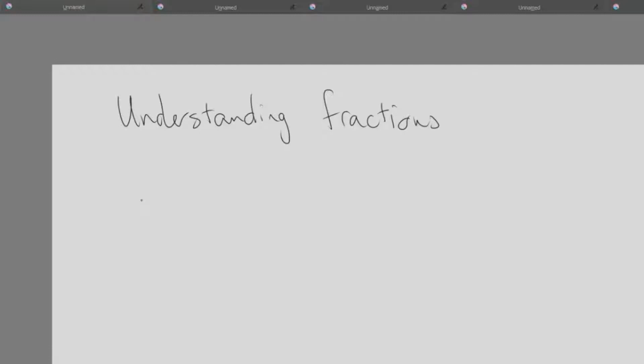The first thing we want to do is talk about how we understand fractions from an elementary teaching point of view up to our own understanding and use of fractions. So what I like to look at is what I call the understanding spectrum, as cheesy as it is.